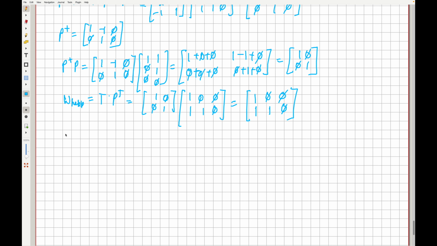Now we will calculate the pseudo inverse weight matrix W_PINV, and this is T target dotted with the P plus, and so what we get is 1 0 0 1, and our P plus matrix is 1 -1 0 0 1 0, and that gets us 1 -1 0 0 1 0.